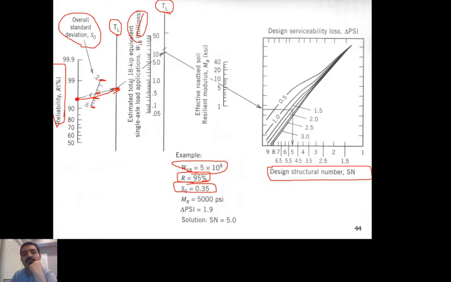So I'm going to connect the point from here to the 5 million until it hits the other turning line. Now I'm going to approach this point right here. From here, I need to connect it to the next point, which is the effective resilient modulus. What's the modulus, or what's the E value? The E value in this case is 5,000 psi.